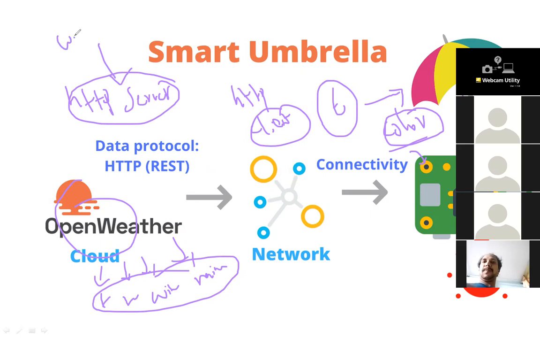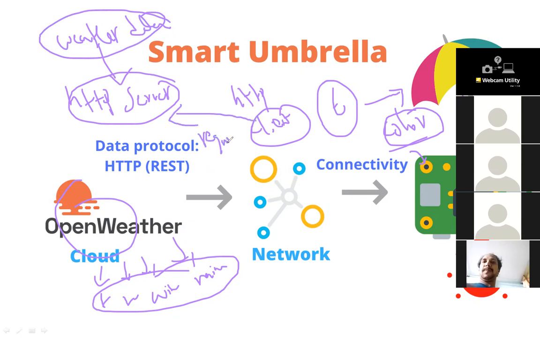You have weather data, and you want to get this weather data. To get this weather data, you have to make a request. When you make a request to this server, the server sends back a response if data is available. If the resource you are accessing is available, then automatically you get the response.